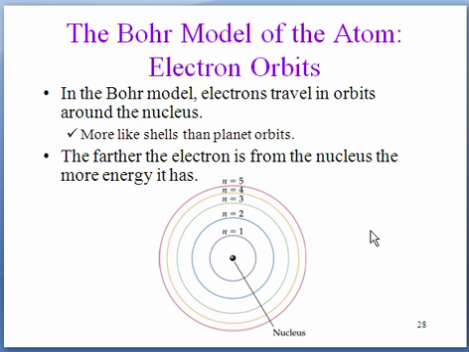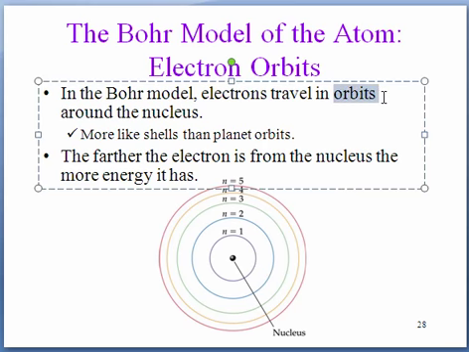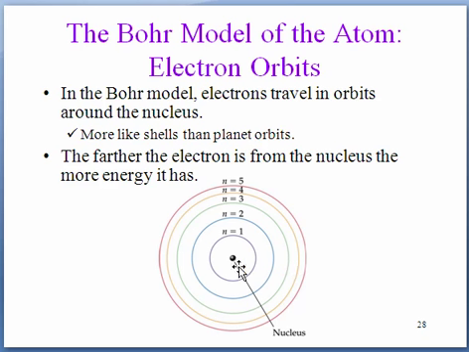So here is an example of the hydrogen atom drawn out as a Bohr model. What Bohr came up with is that electrons traveled in what he called orbits around the nucleus. Now I can just draw 2 dimensions here. They weren't really going around in just 2 dimensions, they were going around in 3 dimensions. So if you can think of this as a sphere around the nucleus, more like shells than planetary orbits.